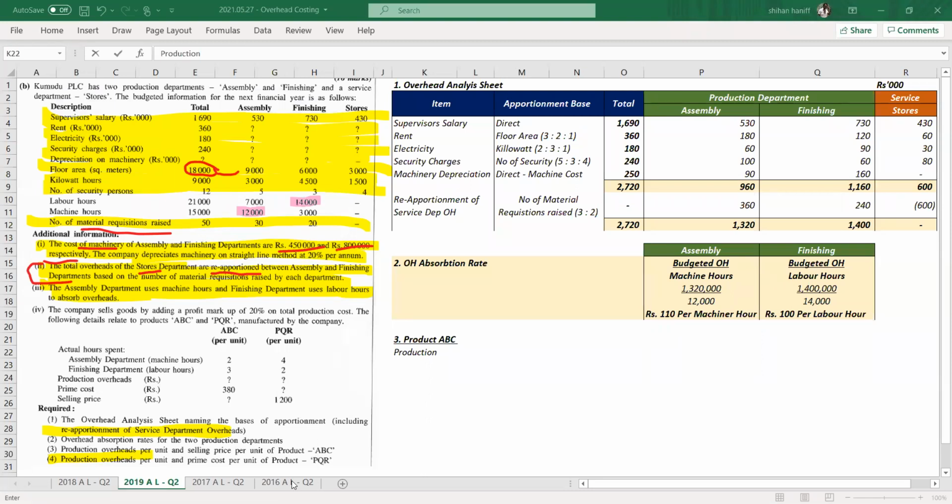So we need to calculate the production overheads per unit and the selling price per unit.